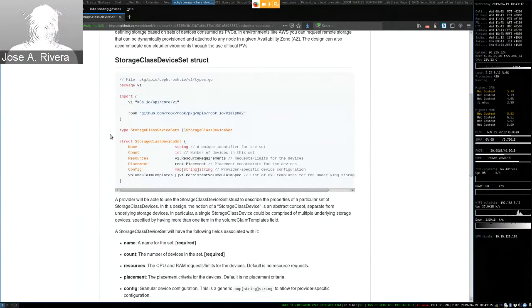The storage class device set will need to have a name to identify it. In particular, this is so that we can easily keep track of which devices are controlled by which device set, especially for the purposes of deletion or deprovisioning of these devices.